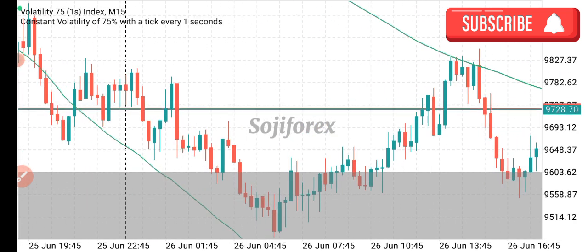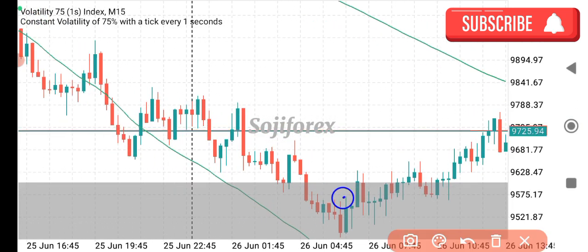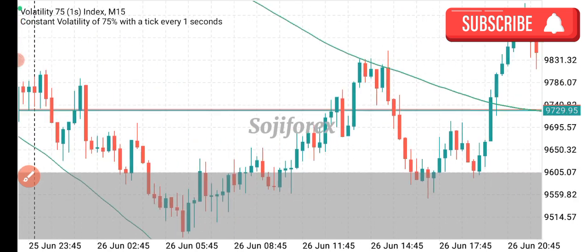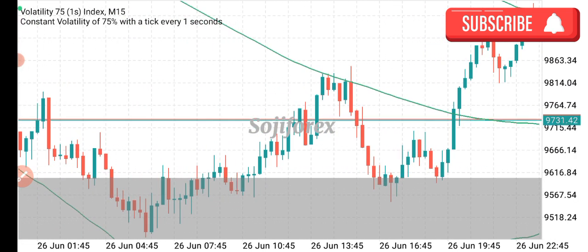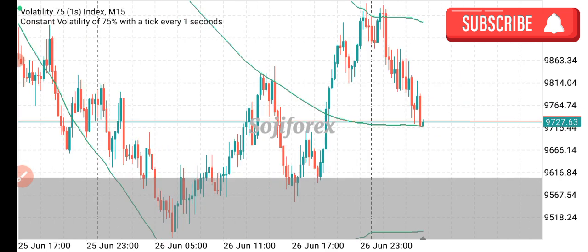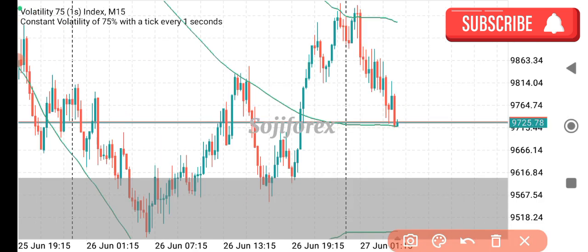And as you can see, if we were here when price came back, we would have had our first entry based on this engulfing candle followed by this pin bar. That would have been a beautiful entry for us. And if you are not the type that uses candlesticks, you are the type that uses a break of structure for your entry, this would have been your entry.